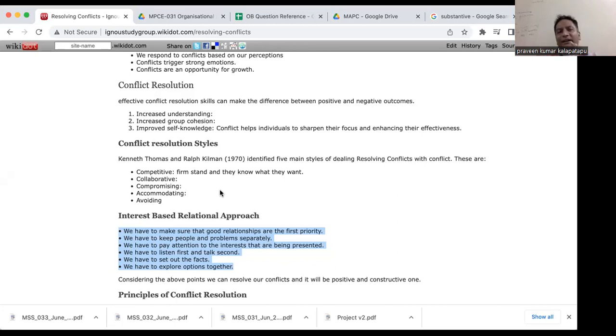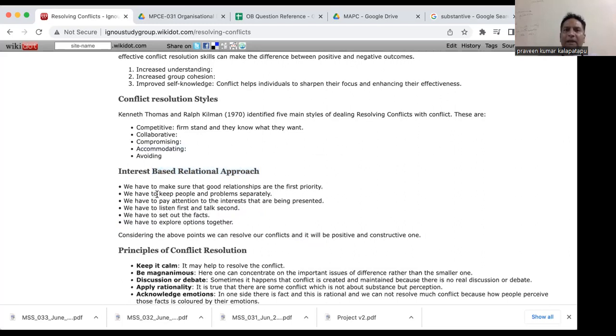So it's not about accommodating. Don't get confused with accommodating, where you give people more weightage and drop your goals. That is not the case. In the process of resolution, you are not disrupting your relationship. That's what the interest-based relational approach is. We have to keep people and problems separate.